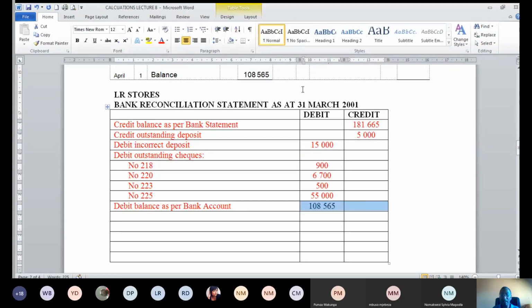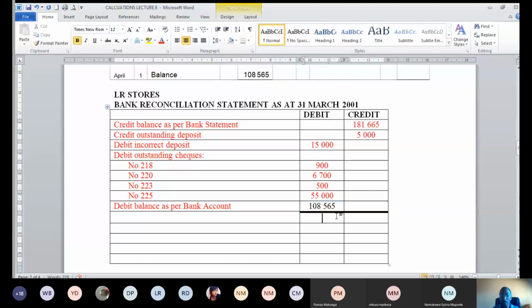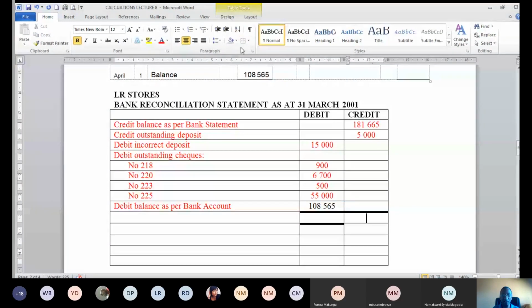We're going to add up now our debit side and our credit side in our reconciliation statement.